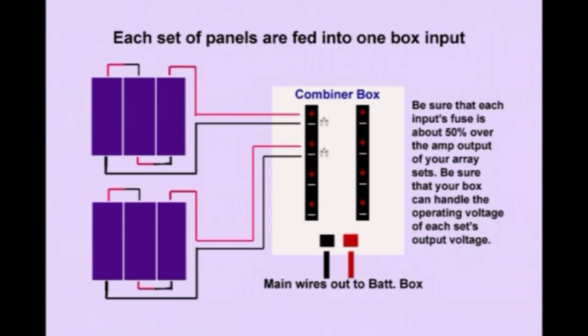About a 50% higher amperage rating on that fuse would be correct for each one of those sets of panels. And also you have to be sure that whatever voltage that adds up to, the inputs on the combiner box can handle that level of voltage. And then on the bottom of the box, that's where you connect your larger wires and take them down and bring them into your battery box.